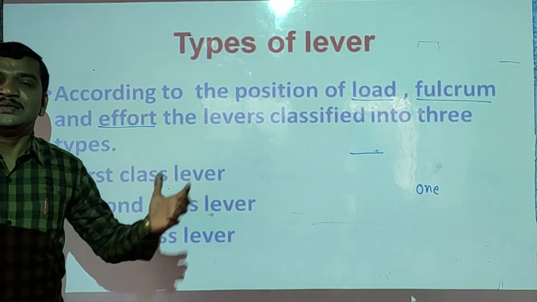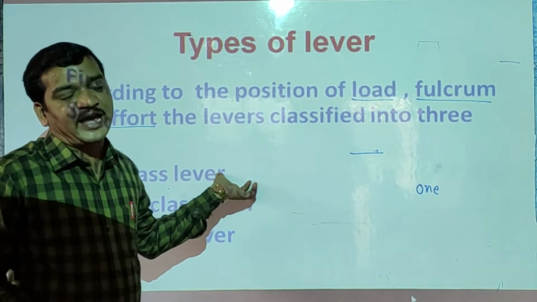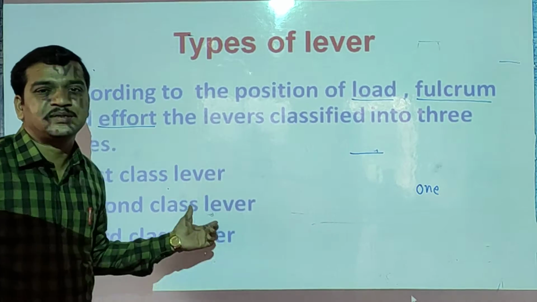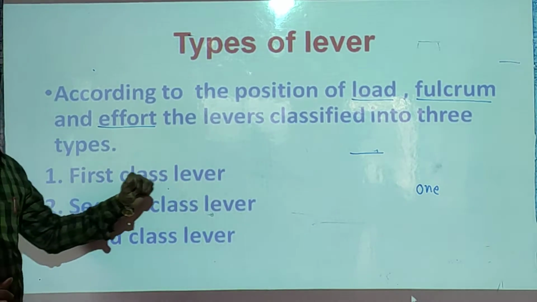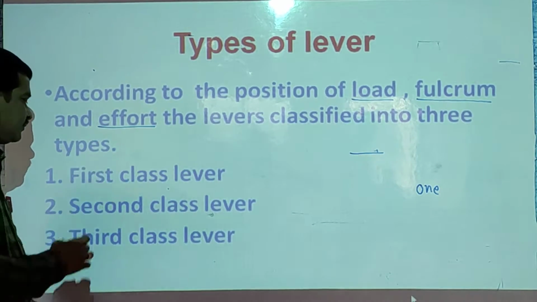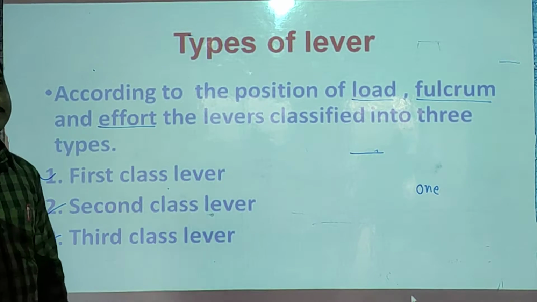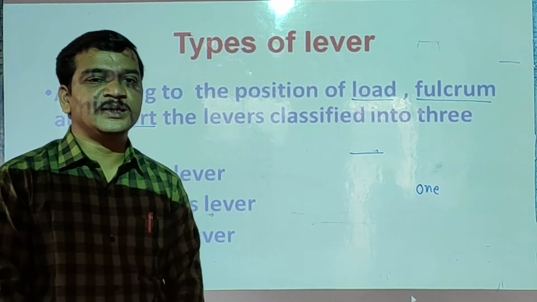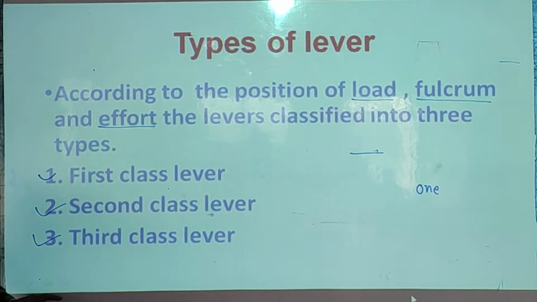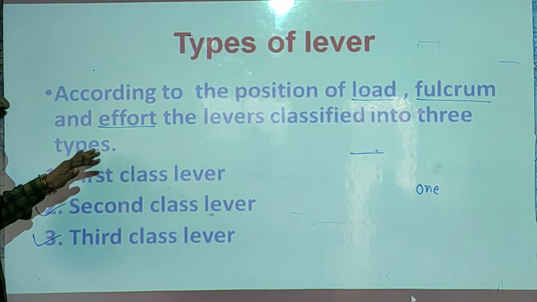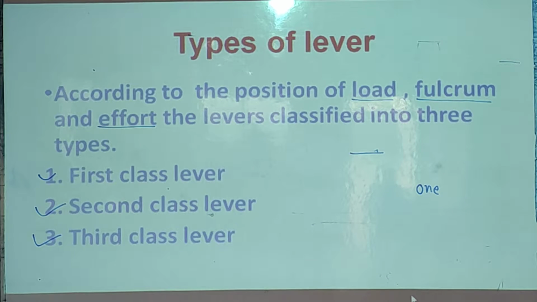So what are its three types? Its three types are first class lever, second class lever and third class lever. So these are the three types or three kinds of lever. Now we will learn one by one.